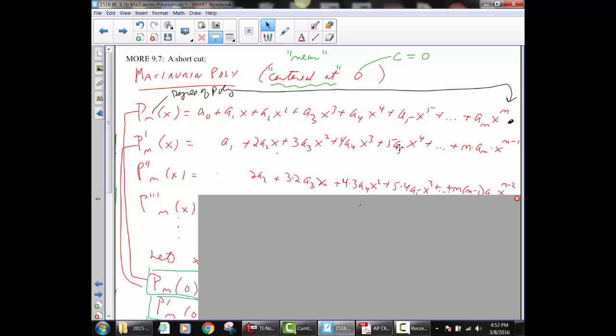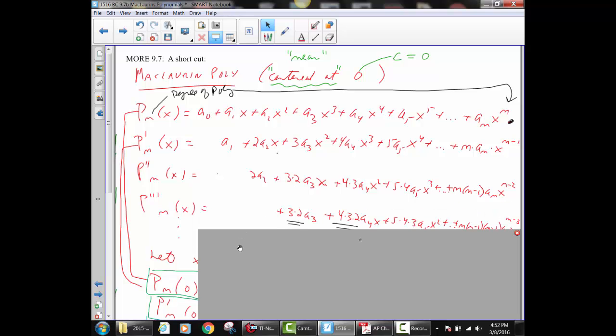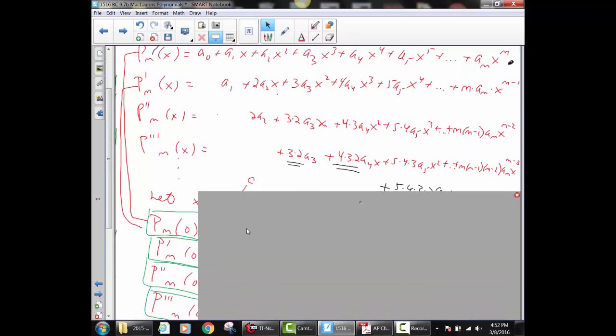This will be 4 times this coefficient, which is 4 times 5 a5, and then x cubed. And then the very last one, you'll take your n minus 1, multiply it by n and an, and then subtract 1 from the exponent. Then the third derivative and the fourth, and so on.